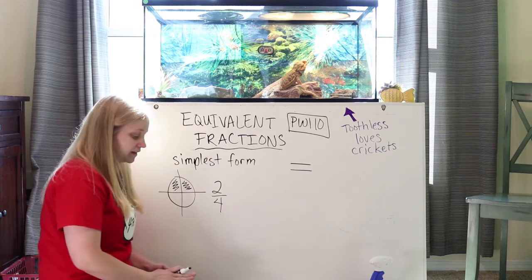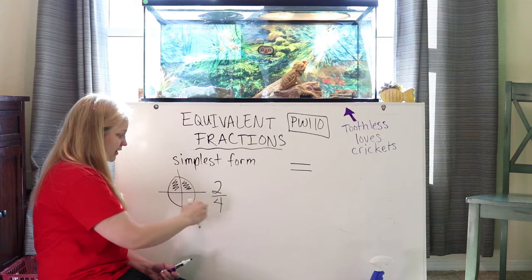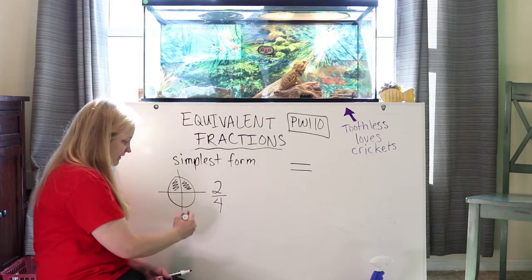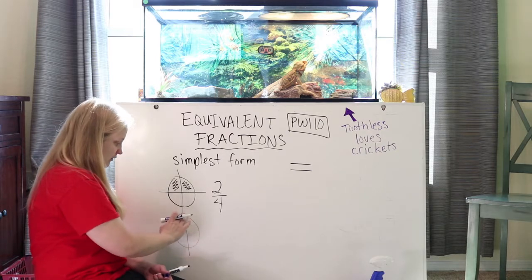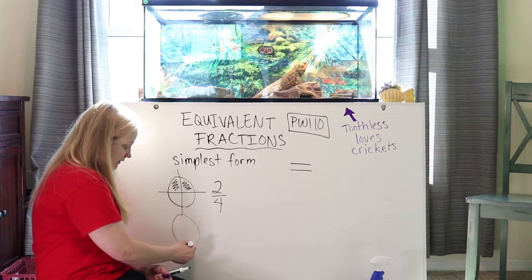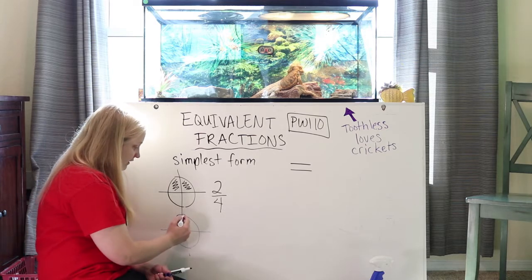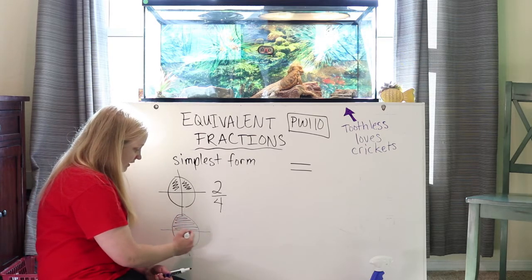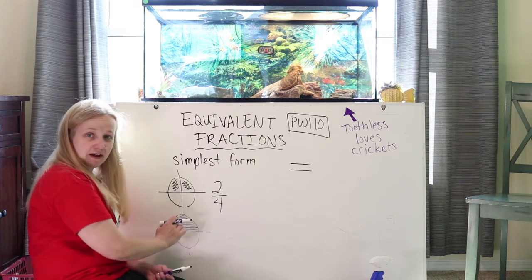But we already showed in the last video, and you guys already understand, that 2/4, if I only divided this same circle into 2 parts, and I take one of those parts, that has the same value.